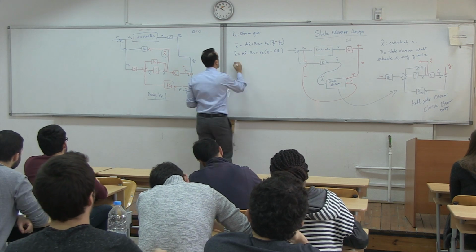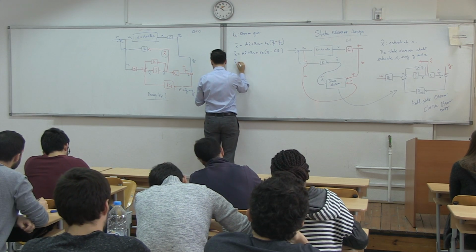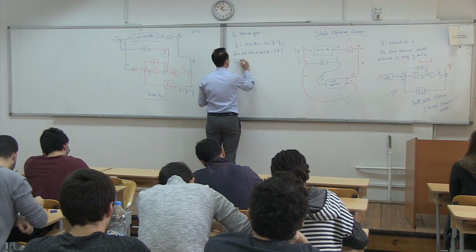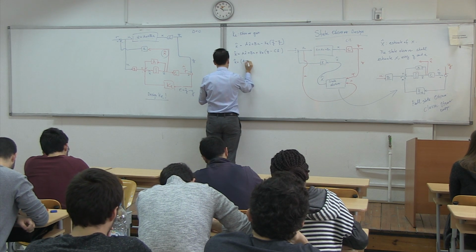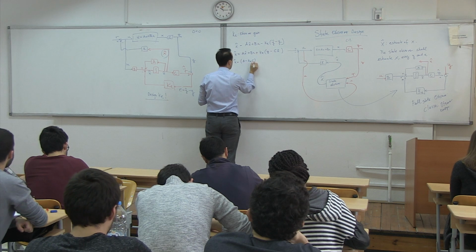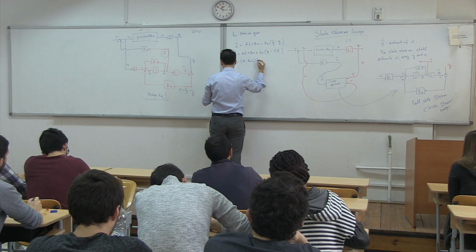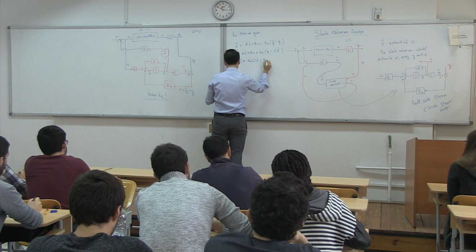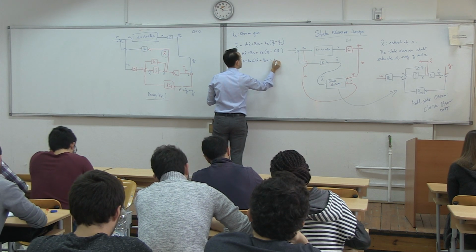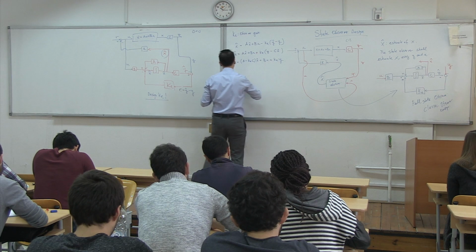So finally, this will become a minus ke times c times x hat plus bu plus ke times y.